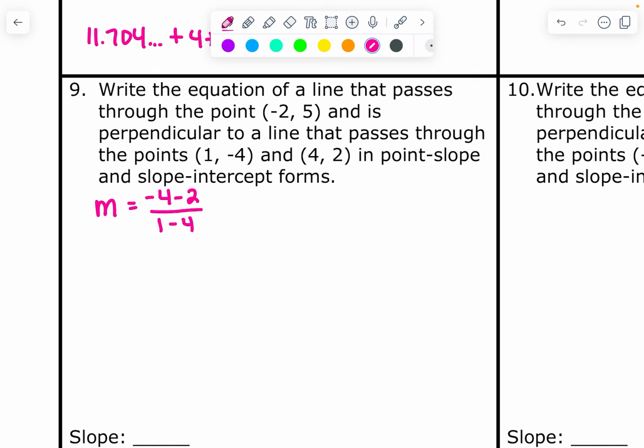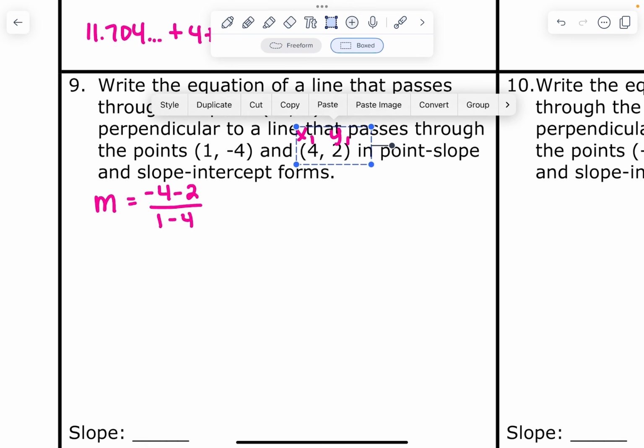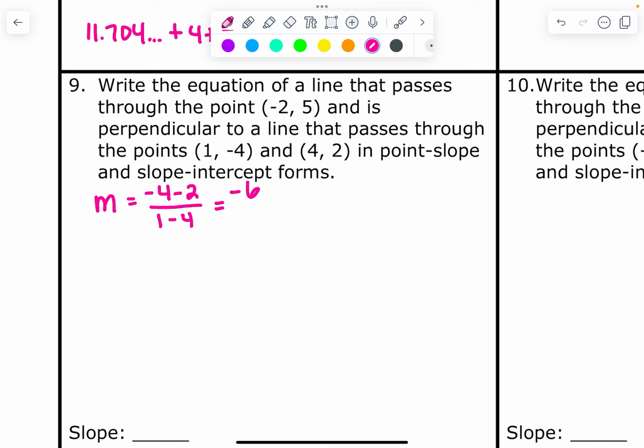And just like with the distance formula, the order does not matter as long as the y numbers go on top and the x numbers go on bottom, and they're in the same order as each other. So this could be x1, y1, or this could be x1, y1. Just be consistent, whatever you do. All right, what's that? -6 over -3. That's 2, so 2 over 1.